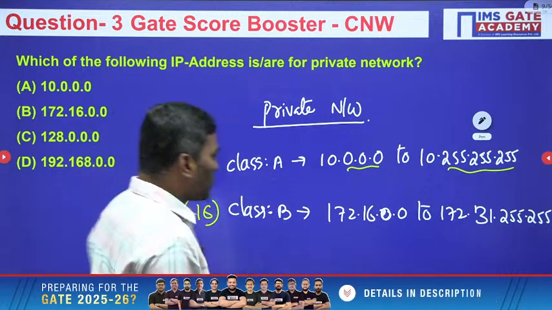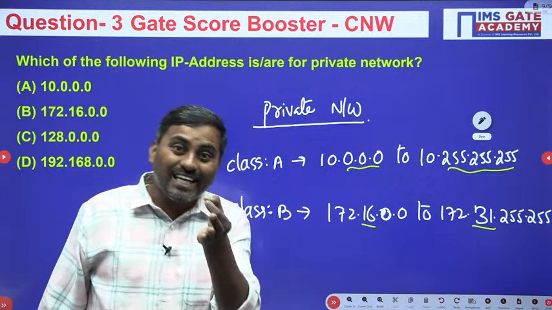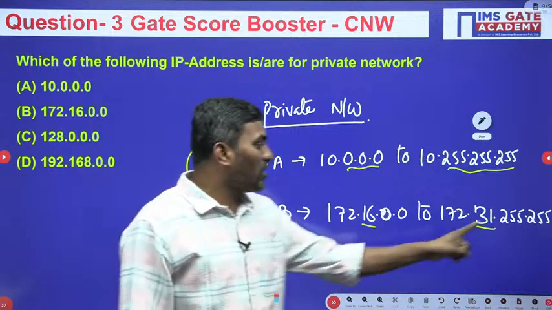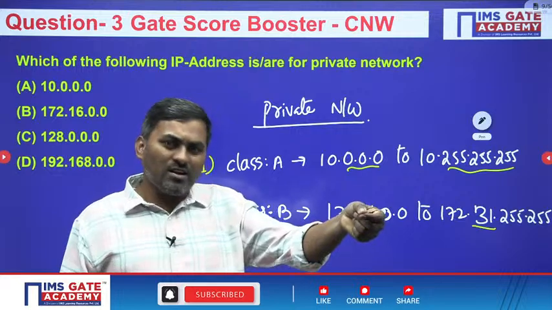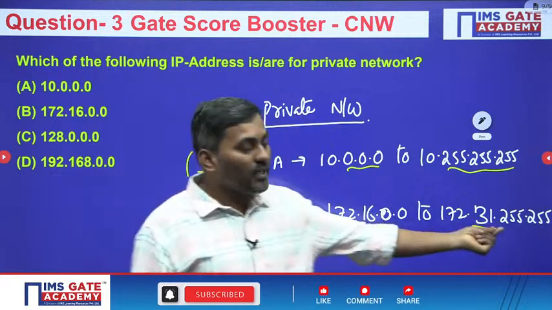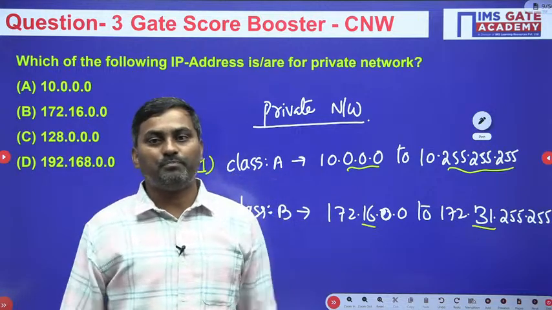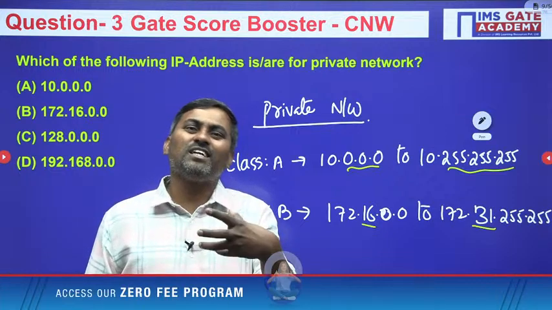So from 16 to 31, 16 class B networks are there. In each class B network, you can configure 2 power 14 IP addresses. Am I right? So if we pick one network ID, you can form 2 power 14 system IP addresses. So we can use it for organization level communication.